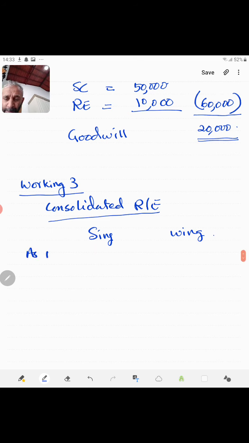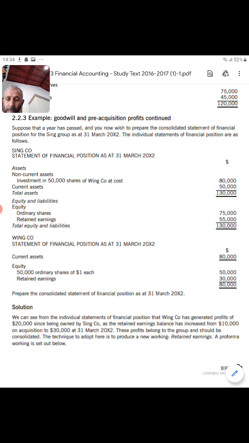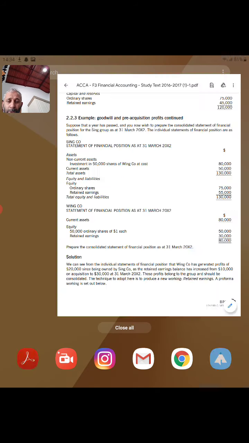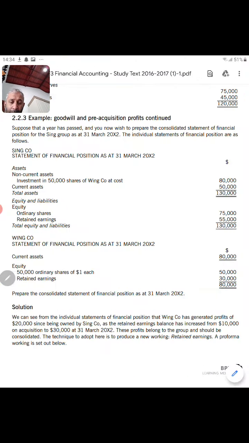As per the question, now let's find out what the retained earnings are. The retained earnings of the parent company give 55,000. And the retained earnings of the subsidiary company give 30,000.